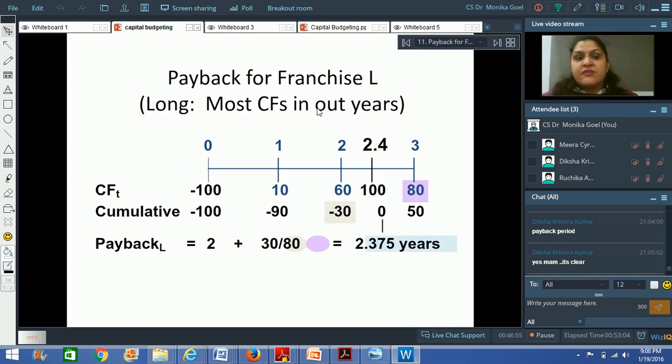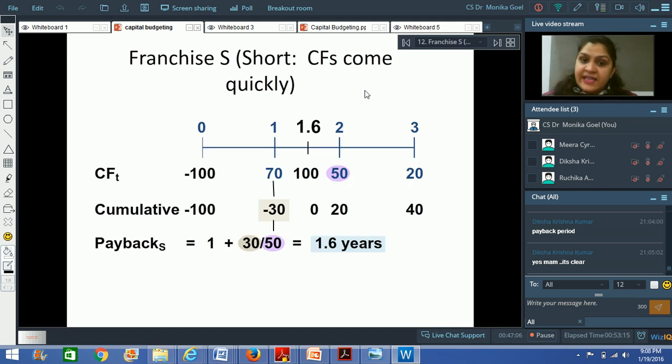And if I look at this method, I would not invest at any point of time in long gestation projects, which is not considered to be the right way, isn't it? Because if I look at franchise L, which I have rejected, the cash flows were increasing from 10 to 60 to 80 and it may have increased further.